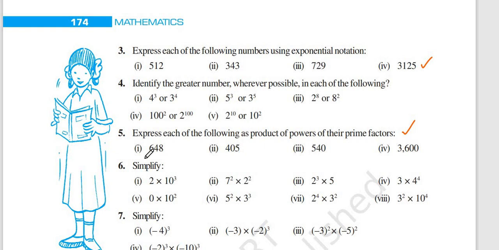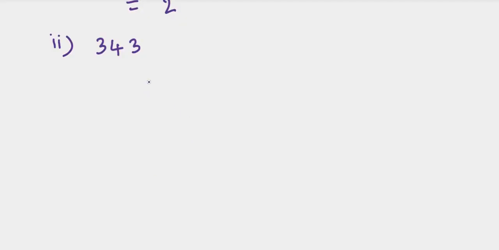Now, second question, 343. Now we are going to express 343 in exponential notation. So 343, 3, 4, 3. If you look at this, it is not an even number. So 2 table is not possible. If you sum all the digits also, 3 table not possible. 5 not possible.